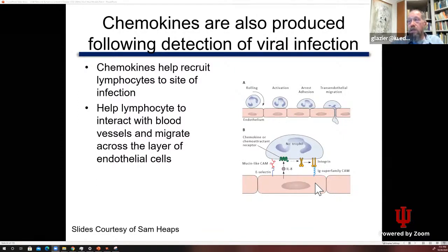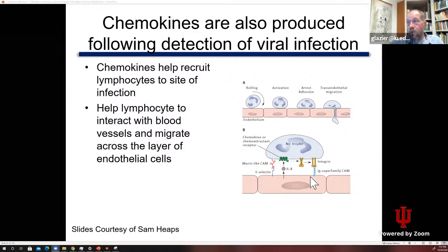For example, you have the immune cells moving in your blood. They have to stop moving in your bloodstream, bind to the wall of the blood vessel, go across the wall of the blood vessel and get into the tissue where they can start chewing up the infected cells. Chemokines are the main molecular species responsible for that.